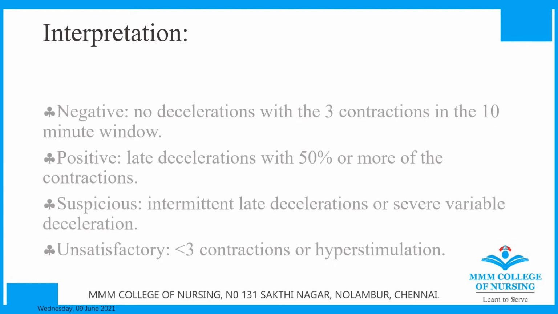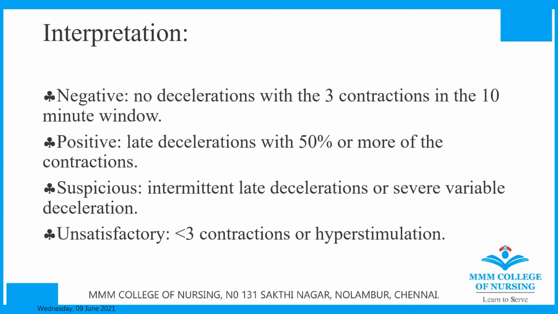How to interpret? After taking this CST, we will get the graph paper, and if there is no deceleration with the 3 contractions in 10 minutes, then the test is negative. If it is positive, there is late deceleration with 50% or more of the contractions.